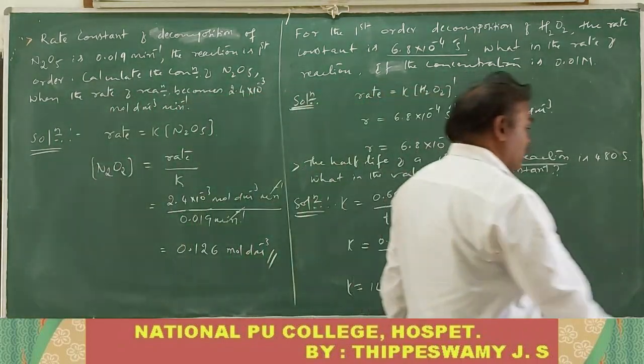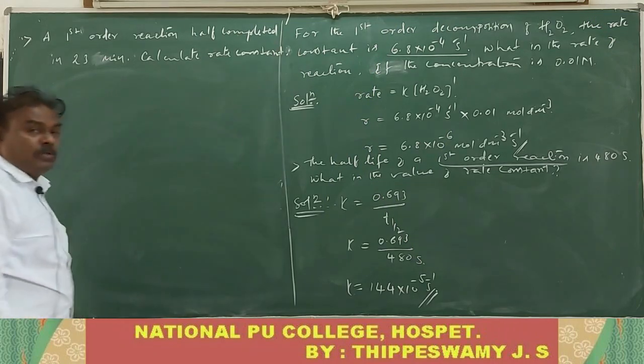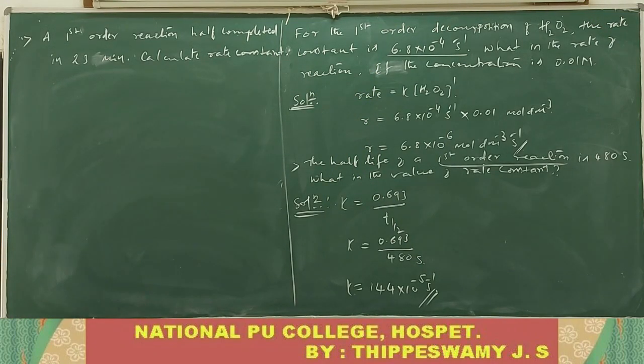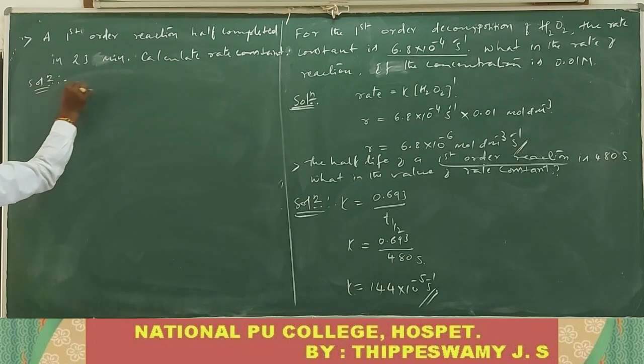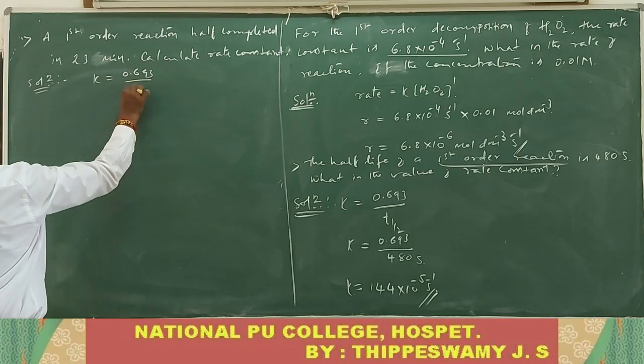We take one more example. It is also the same only. A first order reaction is half completed in 23 minutes. Calculate the rate constant. Same formula we can take. K is equal to 0.693 divided by T half.